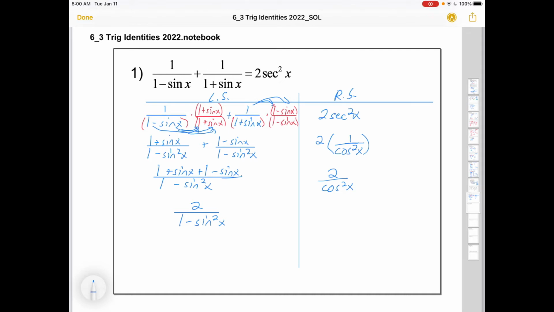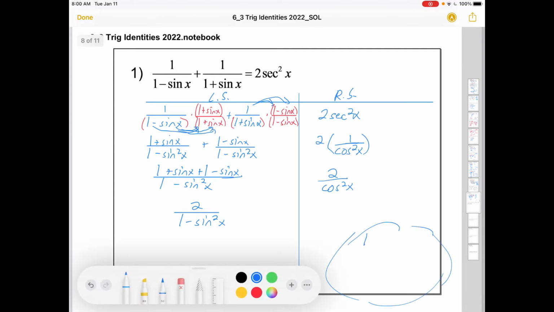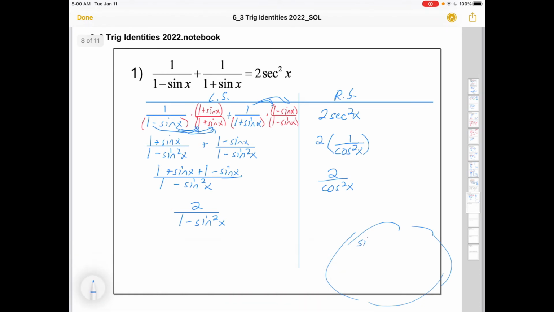And now's the point where I say, okay, how can I turn that 1 minus sine squared x into a cos squared x, or vice versa? Well, I might be thinking about my Pythagorean identities here, because I have a 1 and a sine squared involved. The basic Pythagorean identity is sine squared theta, or sine squared x, plus cos squared x equals 1.